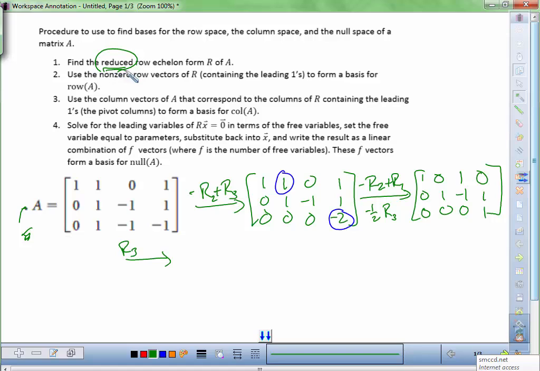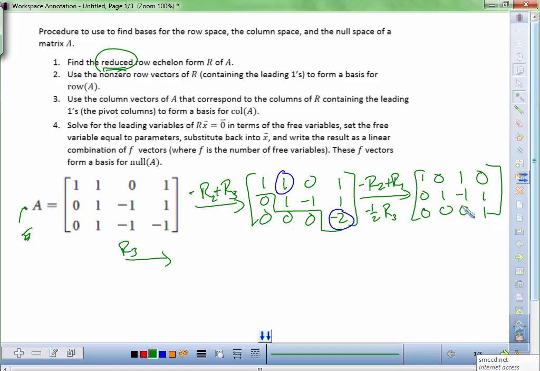That makes it a reduced row echelon form. If I had it here, this is a regular row echelon form. That's good for most things, but if we want a reduced row echelon form, I want to wipe out all those other things that are in the column of a leading coefficient 1. Everything in that column should be 0s. It's okay to switch rows for those things, yeah.